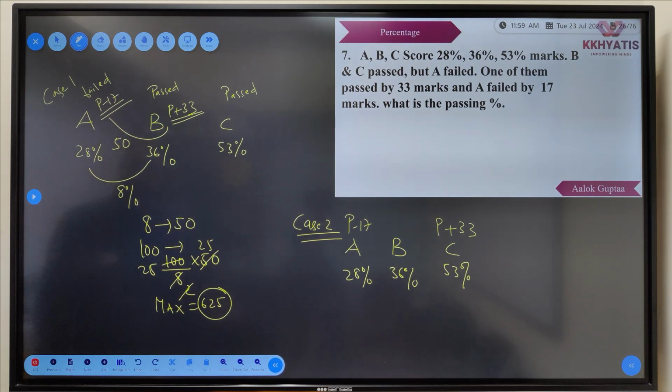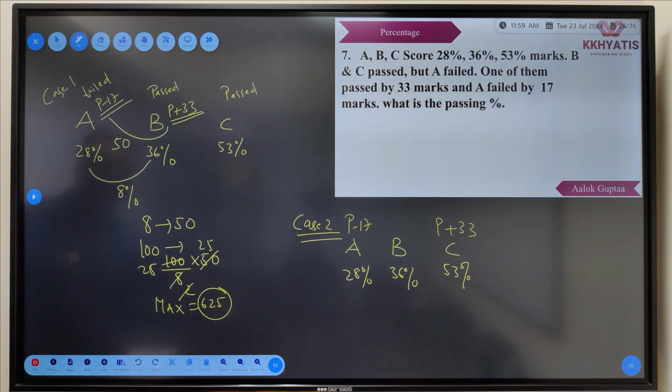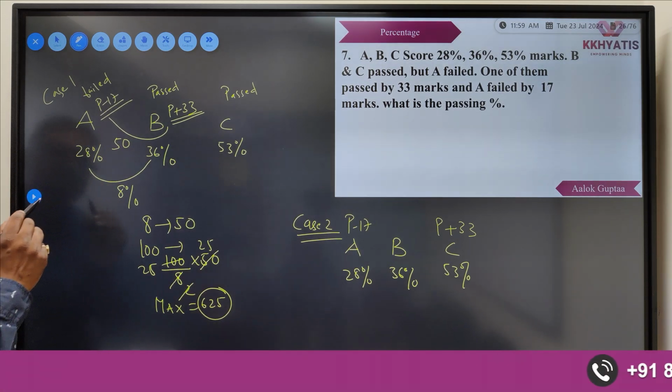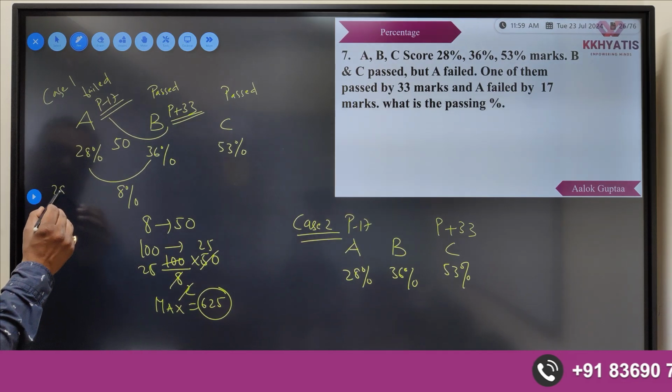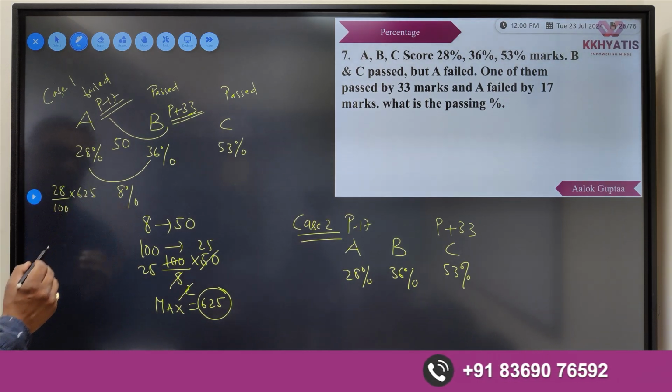Now, if 625 is the maximum marks, A got 28% of the marks. So when A got 28% of the marks, how much did A get? 28 upon 100 of 625 maximum marks.